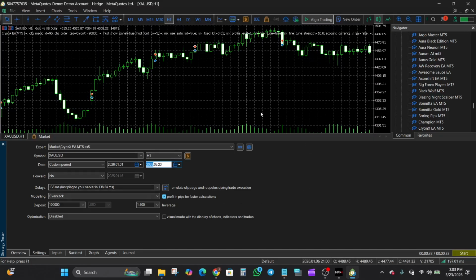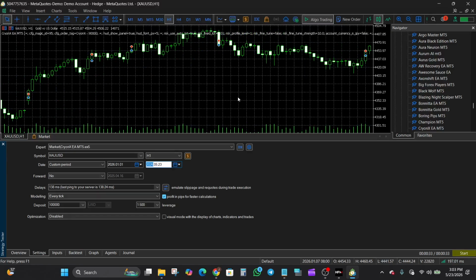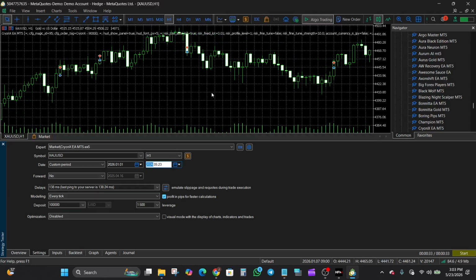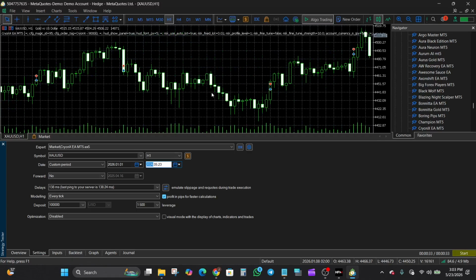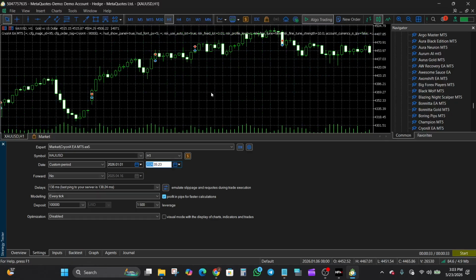So the test has completed, and from the chart activity and overall trade structure, the entries appear to be selective rather than overly aggressive, and the position management seems designed around controlled exposure instead of rapid scaling behavior.